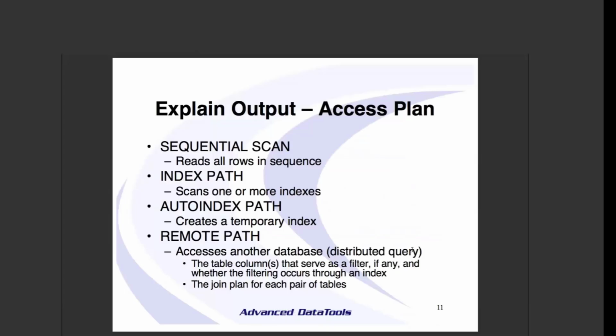Now, the access plan could be one of 4 things. A sequential scan is very simple. It reads all rows in the sequence that they are in the table. It does not sort them. It's whatever page comes first. In fact, it's guaranteed not to be in order.